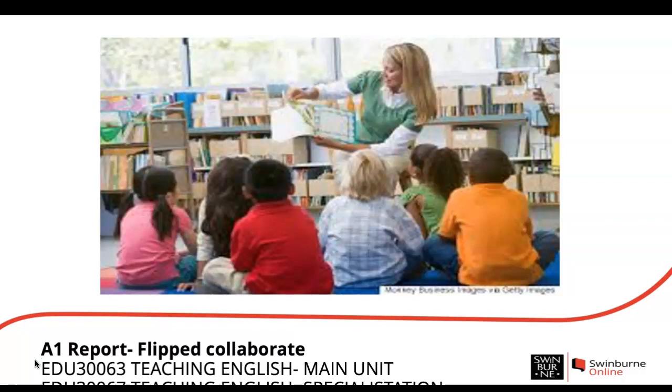What's important to remember is that the content is the same in both units. It's just the marking rubric which is different, as well as the word counts, because you are given a much more detailed word count in the specialization so that you're able to meet the rubric criteria.